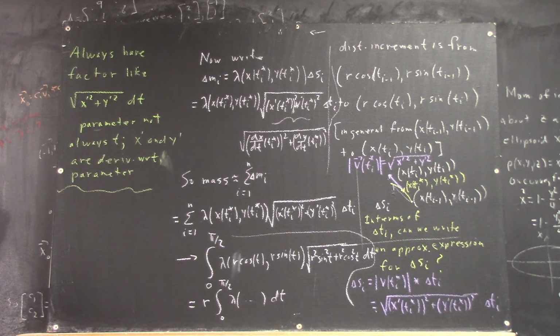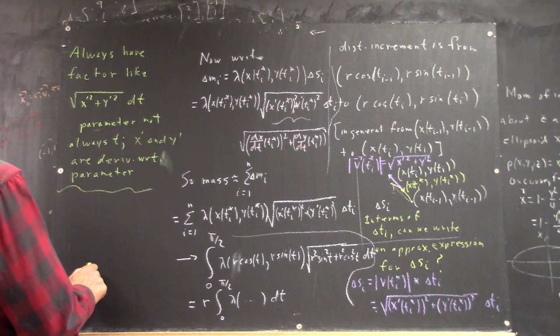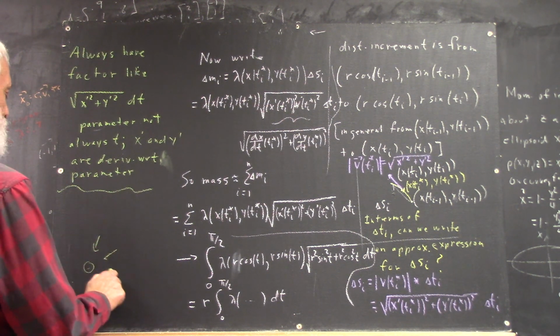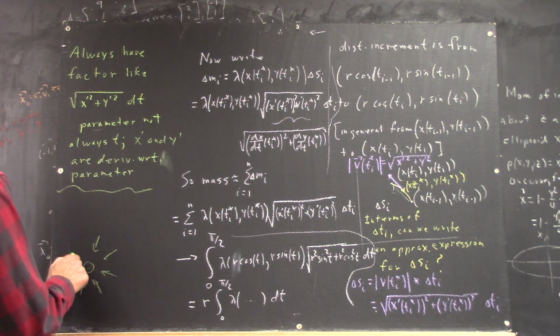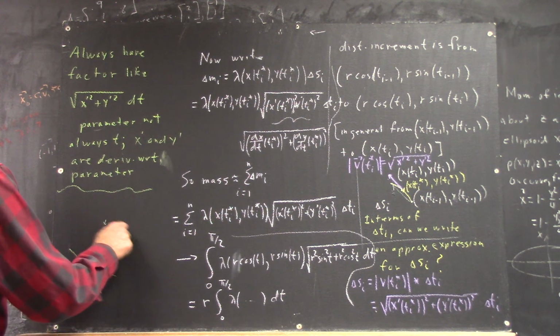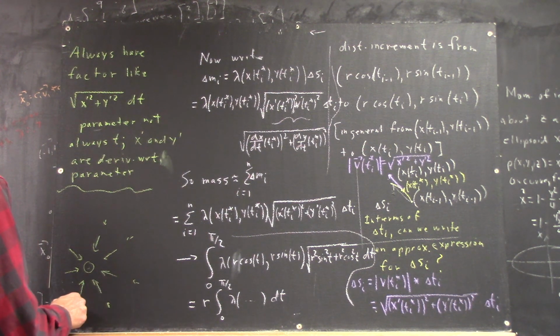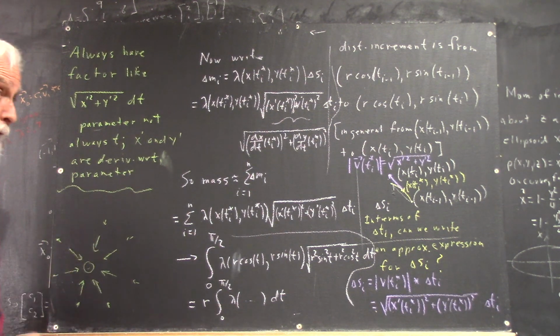And I alluded to line integrals over the vector field. It's like you have a planet, you have a gravitational field. It gets weaker as you get further out. Okay?